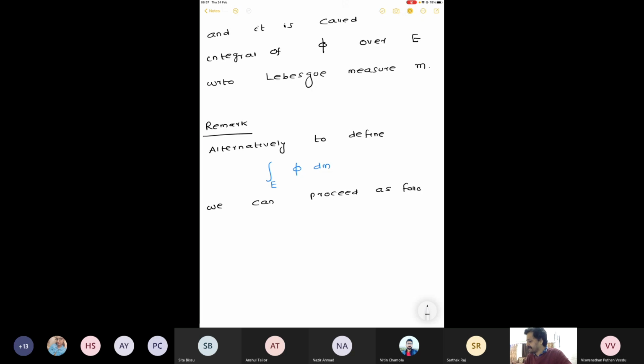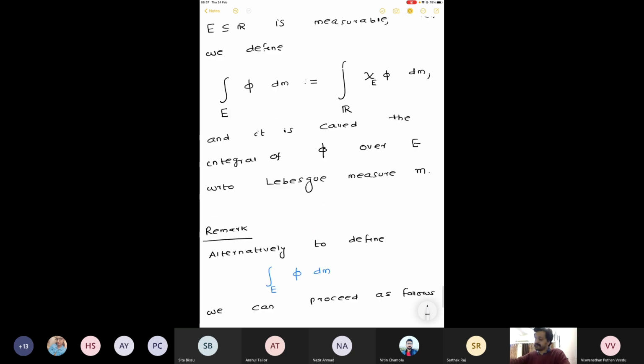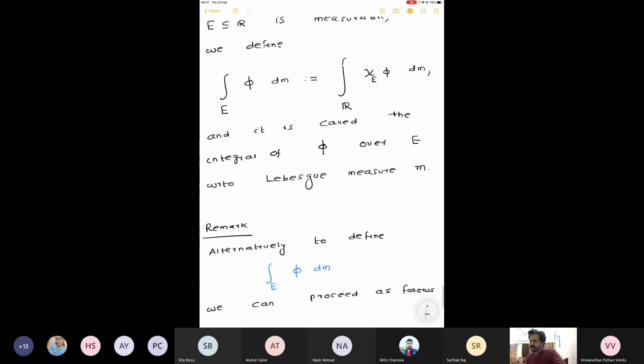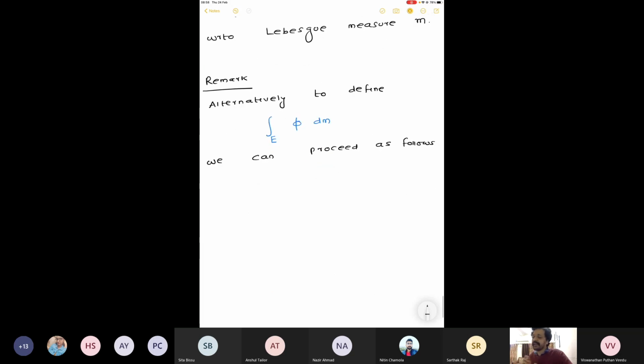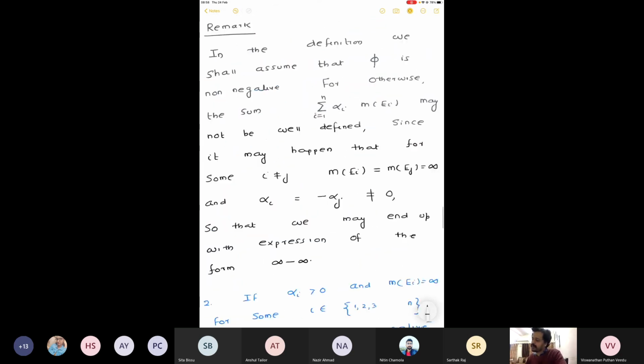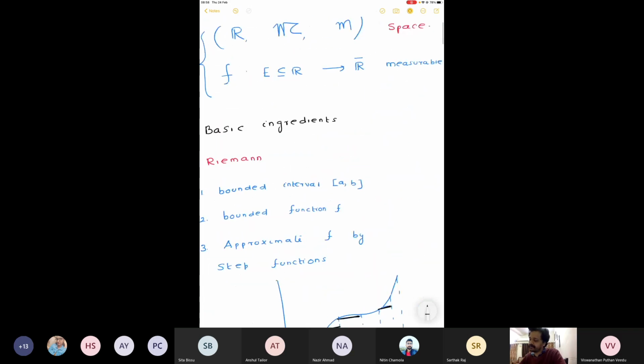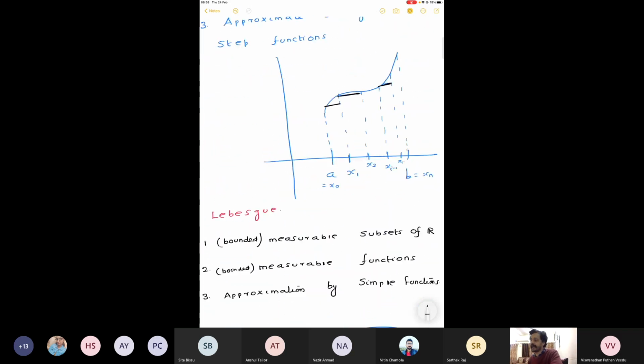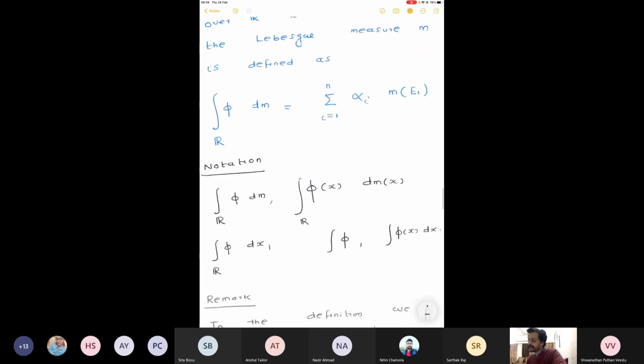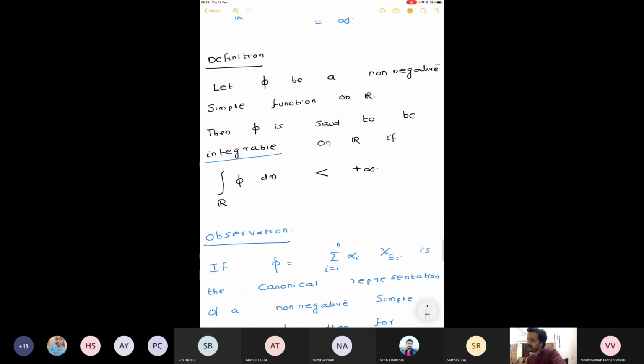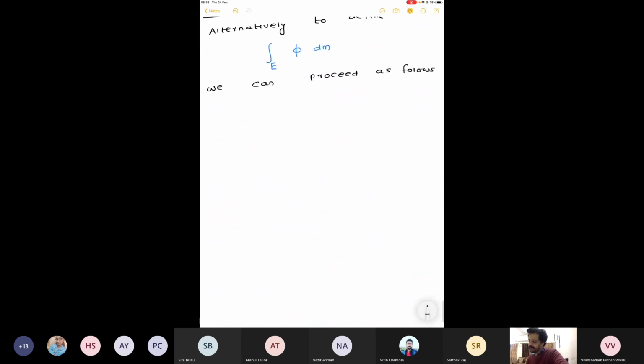This is a bit complicated to proceed like this. That's why I went through chi E times phi. That's easier. If you want to integrate over E, you should know a measure space on E. But right now I know only the measure space over R: R, M, m is all I have. But from that I can construct a measure space on E. Proceed as follows.